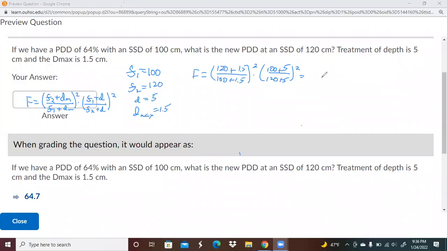Okay. So what do we end up with here? We got 121.5, 101.5, all of that squared.